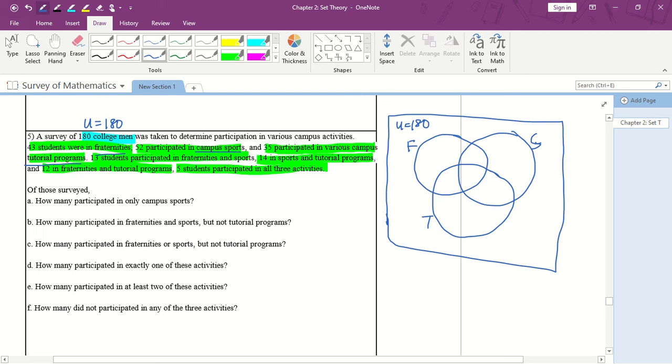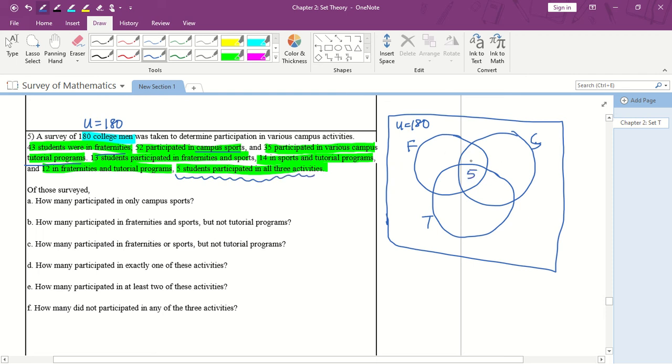Of course, when we want to transfer information to the Venn diagram here, we need to always start from the intersection, because we need to subtract later on. So let's look at this one. 5 students participated in all 3 activities. So we have 5 in the middle.